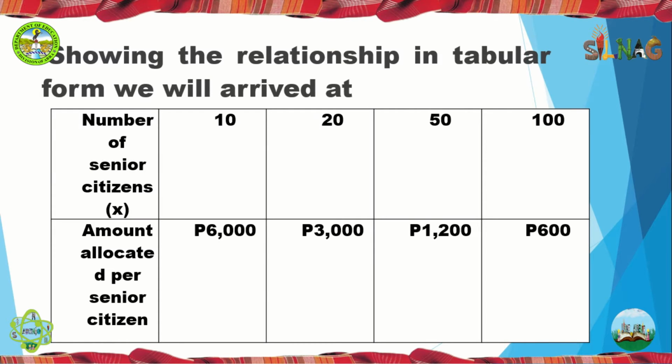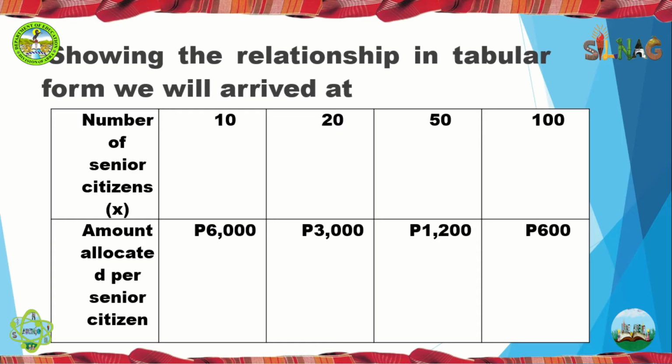Showing the relationship in tabular form, we will arrive at this table. So we have the number of senior citizens, x, and the amount allocated per senior citizen. If we have 10 senior citizens, the amount allocated per senior citizen is 6,000 pesos. If we have 20 senior citizens, we have 3,000 pesos. If we have 50 senior citizens, we have 1,200 pesos.